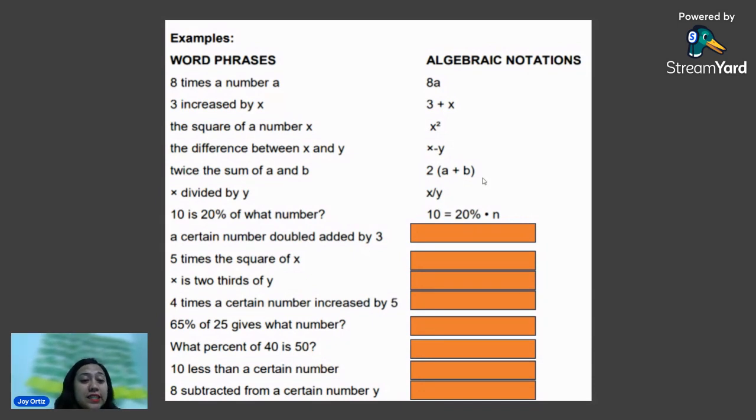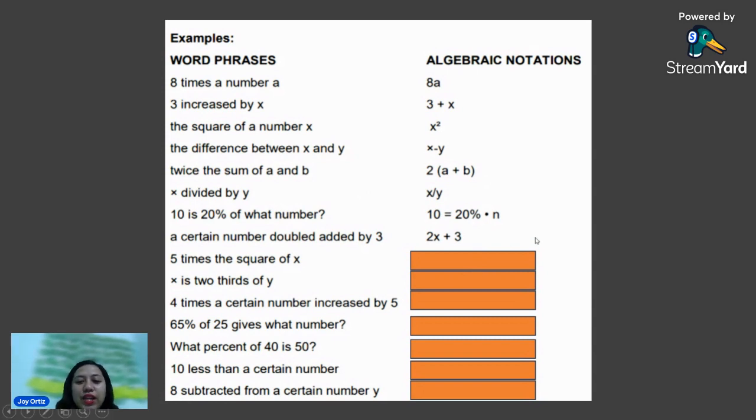The word phrase is a certain number doubled added by 3. So what would be the algebraic notation? Okay, the answer is 2x plus 3. How about 5 times the square of x? What would be the answer?